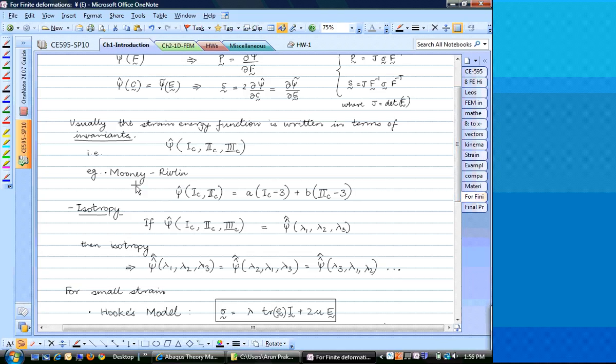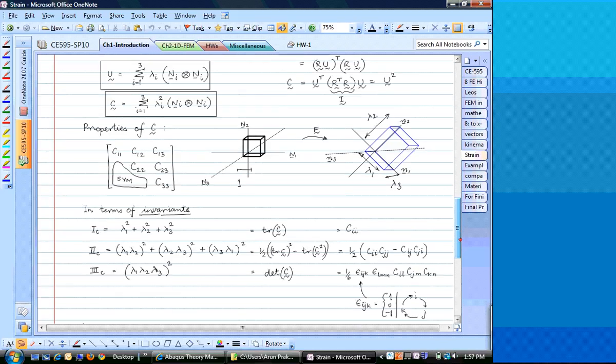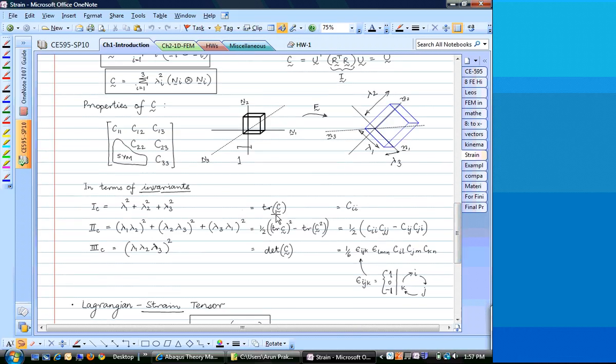Some examples of these materials. So you remember what is the first invariant of C? That is something we talked about last time. So the first invariant of C was, yeah, the trace of C, which was, if you remember, taking a small unit cube, deforming it to lambda 1, lambda 2, lambda 3.